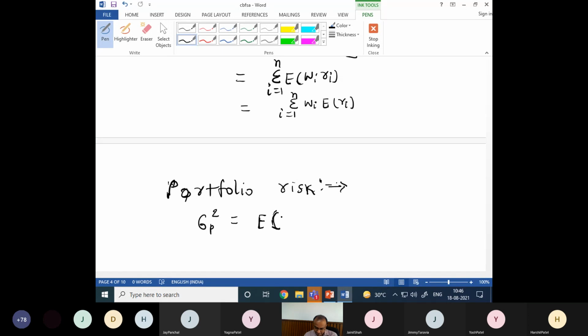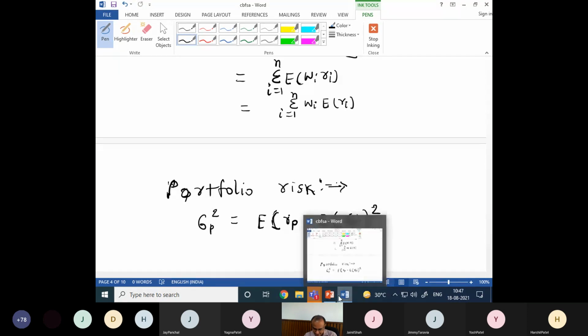This is very important if you correlate this with the previous. Portfolio risk sigma p square will be E of, it is the variance of what? Portfolio return. So E of RP minus its expected value, E of RP, whole square, right? So this is my portfolio risk.